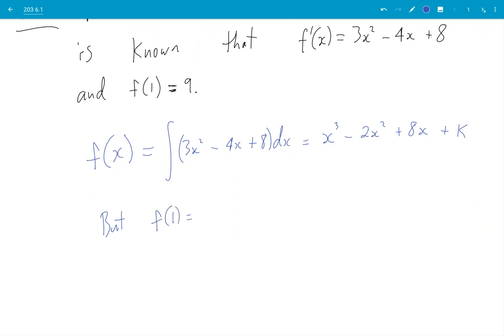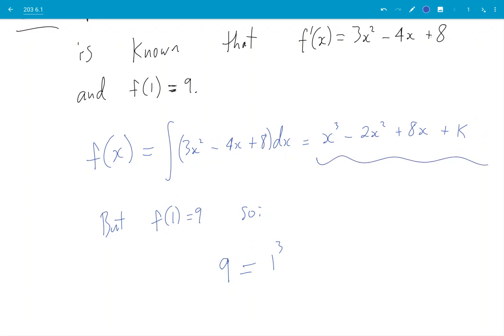But f of 1 is equal to 9. So, plugging that in, this becomes 9. And then you plug in 1 to the other side of the equation over here.